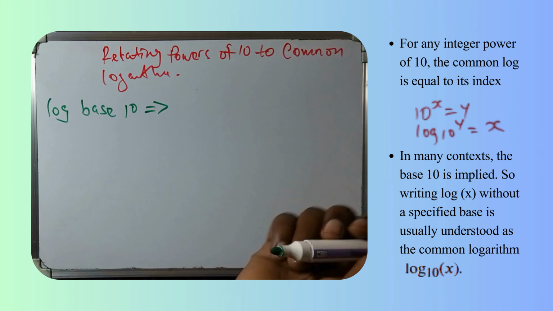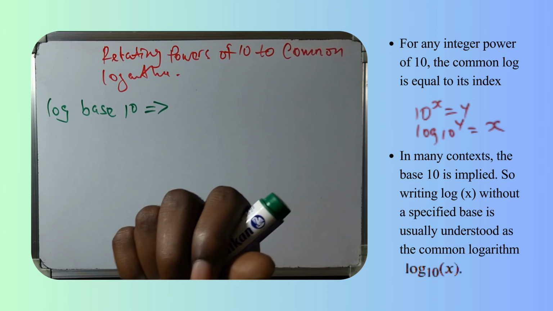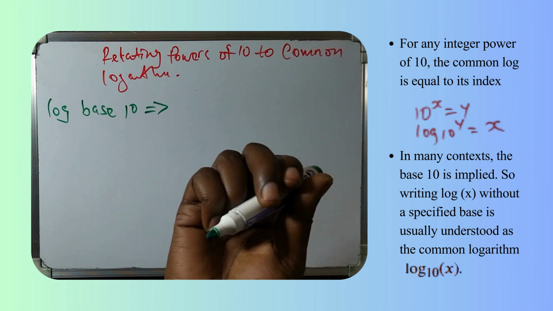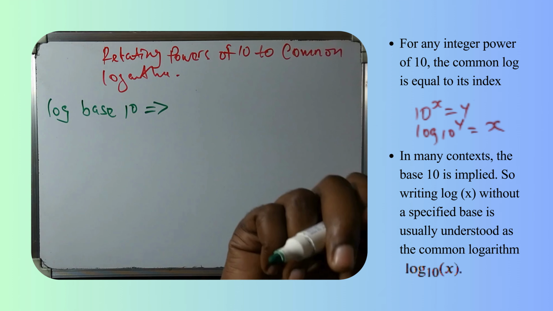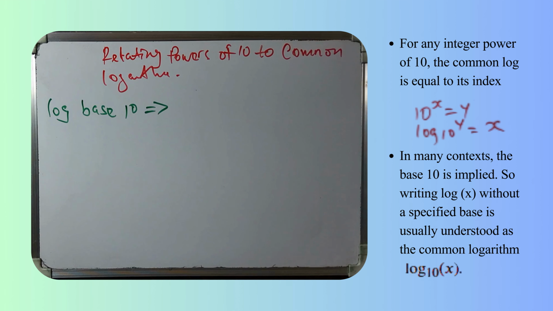So log base 10 is just asking us how many times we need to multiply 10 to get a number, or simply how many zeros follow after 1.